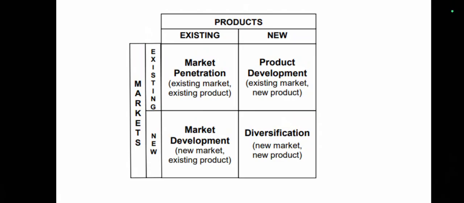Next one, most important one: there is no market and there is no product. Like EV cars and EV bikes, when they came there was no market and no products also. That kind of thing we call diversification.